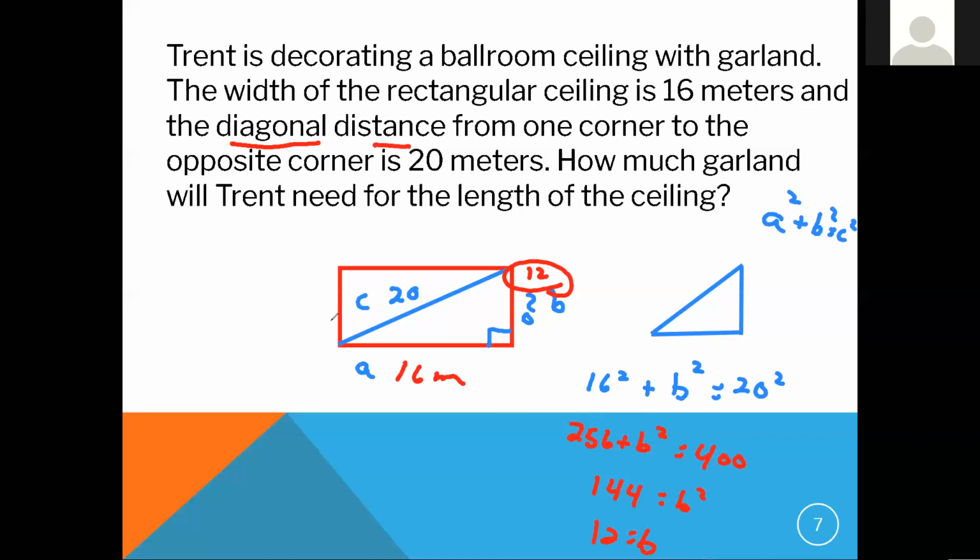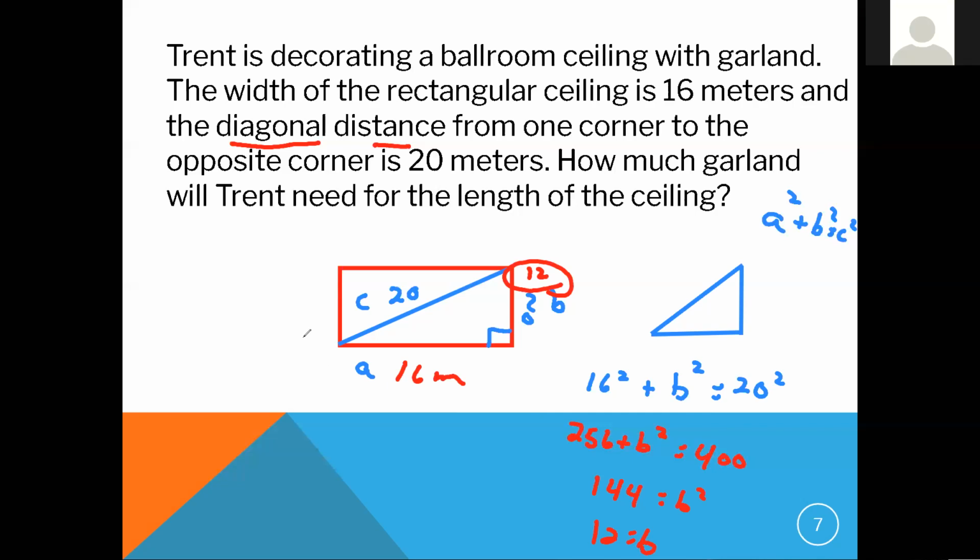So they do that for all TVs. Because that's a real life example of the Pythagorean theorem, you see diagonals like this in a lot of word problems.